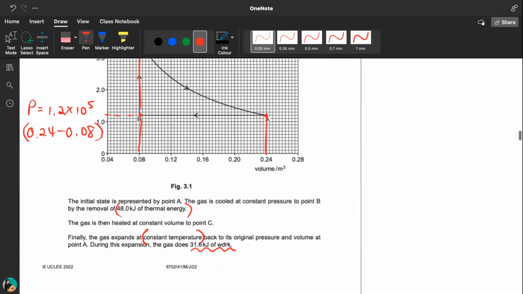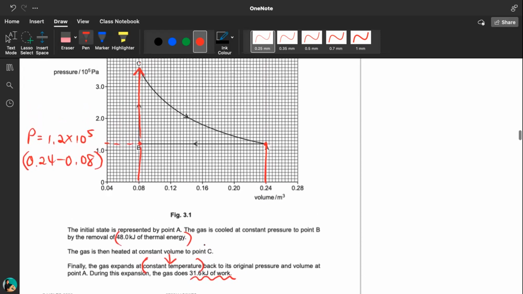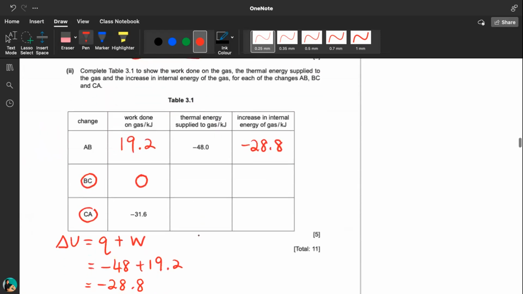We have information. It says that it is at constant temperature. And then during this expansion, the gas does 31.6. The gas is doing the work, so it's a minus 31.6 of work.